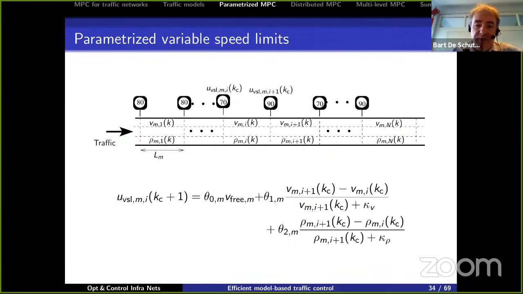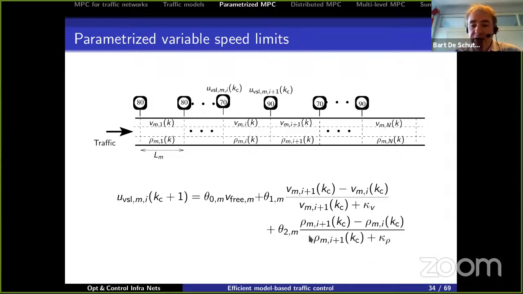So let's look at some examples. If we look at the freeway context, then we can, for example, say our speed limit is determined by the free flow speed in the segment. And then we take 2 terms that are inspired by the MetaNet model. So this term is actually literally copied from the MetaNet model.